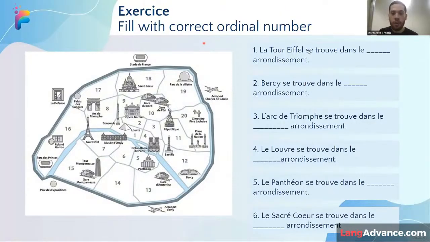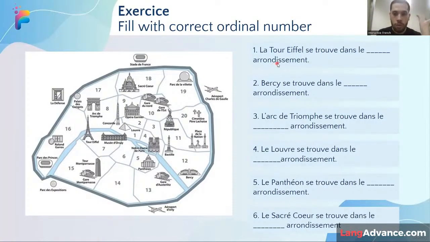So arrondissement, that's basically the borough in English, the district, if you will. So, for instance, we have here le premier arrondissement, le troisième arrondissement, le 20e arrondissement, and so on and so forth, right?